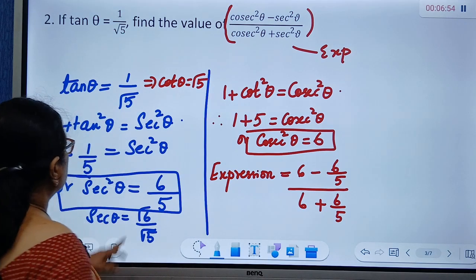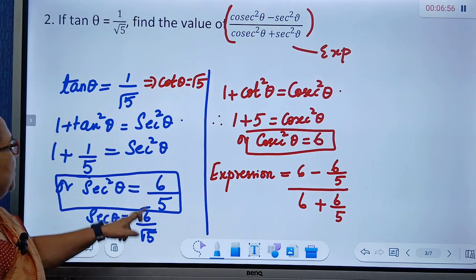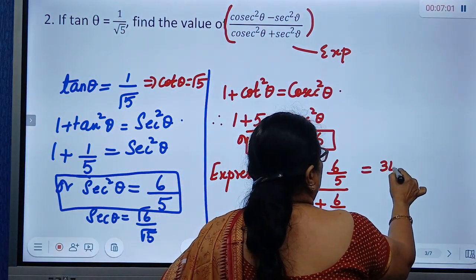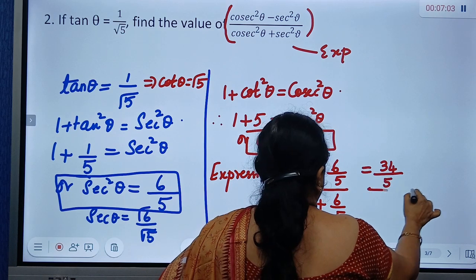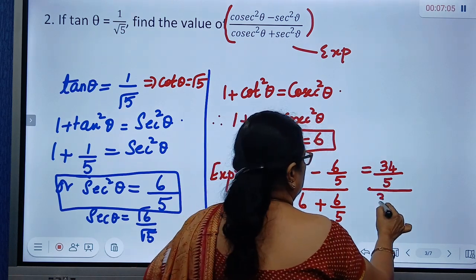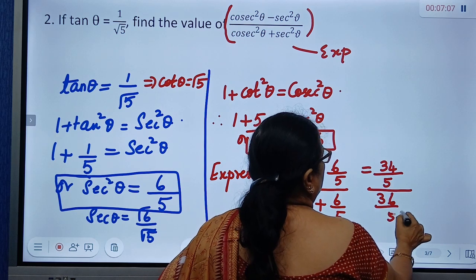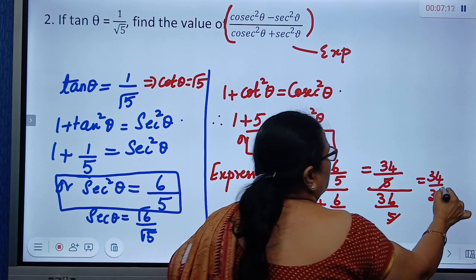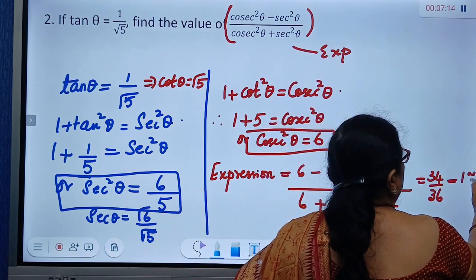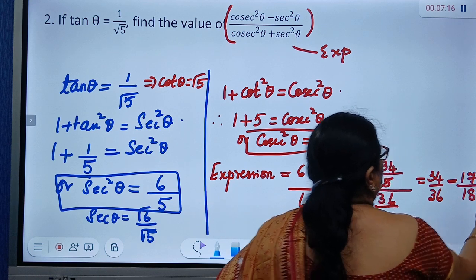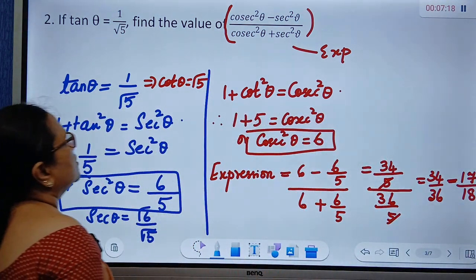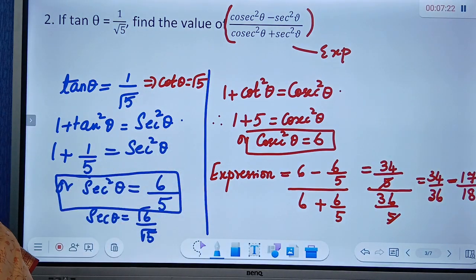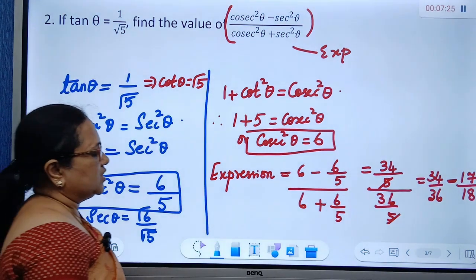So this is our secant square theta, which is 6 by 5. So 30 minus 6, 34 by 5 divided by 36 by 5, which is 34 by 36, which can be simplified. So once you know the identities, you can easily find the values of secant square theta, cosecant square theta.